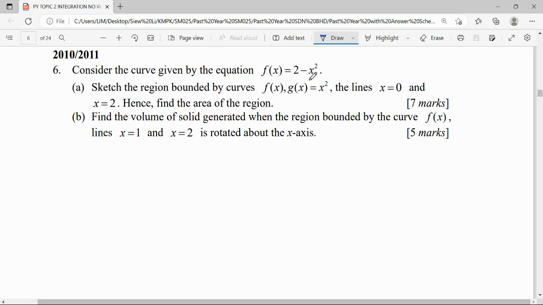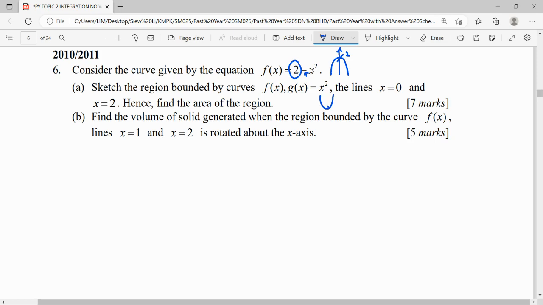For this quadratic graph, it will be in the shape of curving down because it has a negative coefficient. Meanwhile, it has a y-intercept which is the value of 2. And then for this g(x) equals x squared, it will be a curve-up quadratic.